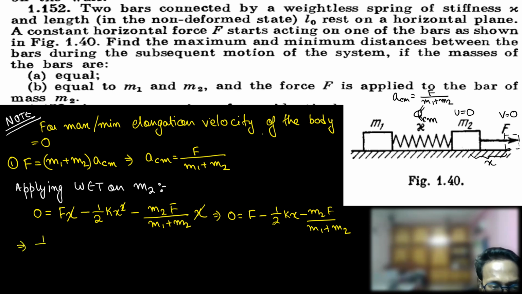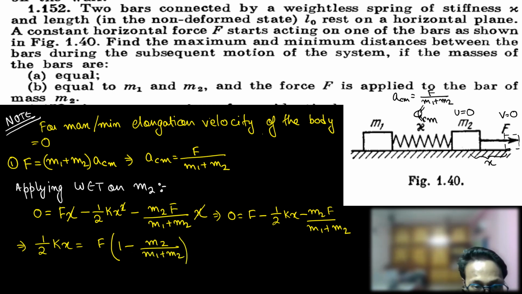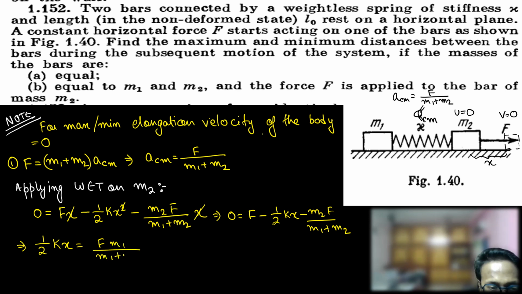So if I bring half kx to the left, it is equal to F, and if I take F common, 1 minus m2 by m1 plus m2. If I take m1 plus m2 as LCM, this entire thing would be m1 by m1 plus m2.